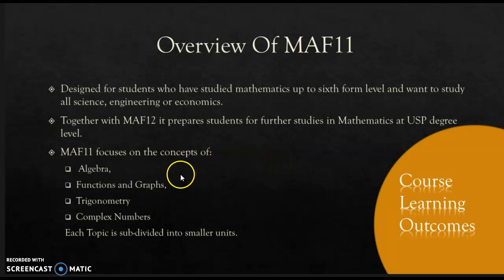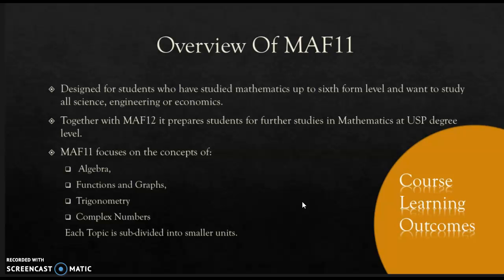The course is designed for students who have studied mathematics up to the sixth form level and want to study science, engineering, or economics. Together with MAF12, it prepares students for further studies in mathematics at USB degree level.